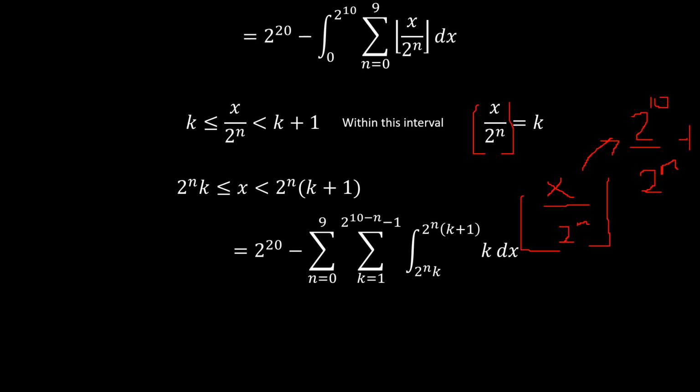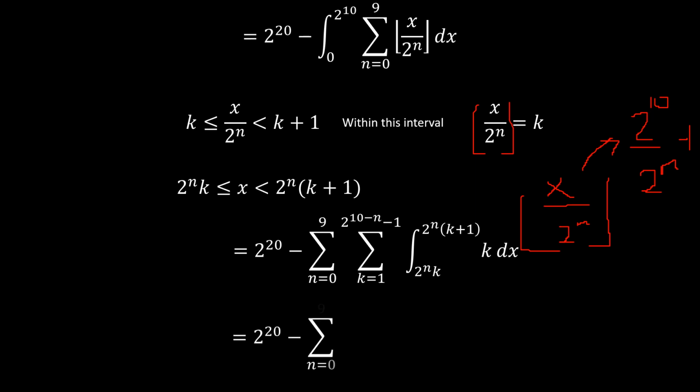These are the number of constant value strips that exist when it is 2 to the power n, and that's why I have indicated here that we're having 2 to the power 10 minus n minus 1 strips, and in each strip we're integrating knowing that the value of the floor function is k.